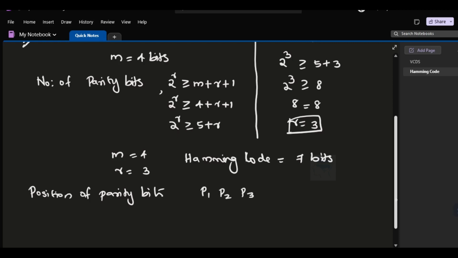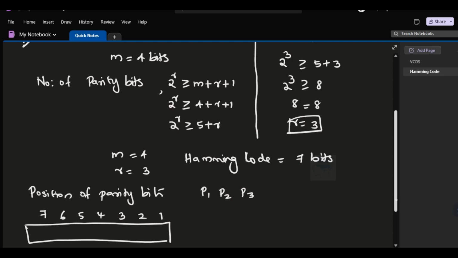The 7 bits are our Hamming data, which we mark as 7, 6, 5, 4, 3, 2, 1. Here we have to find the position of the parity bits and where to place the 4-bit data. First we are going to find the position.